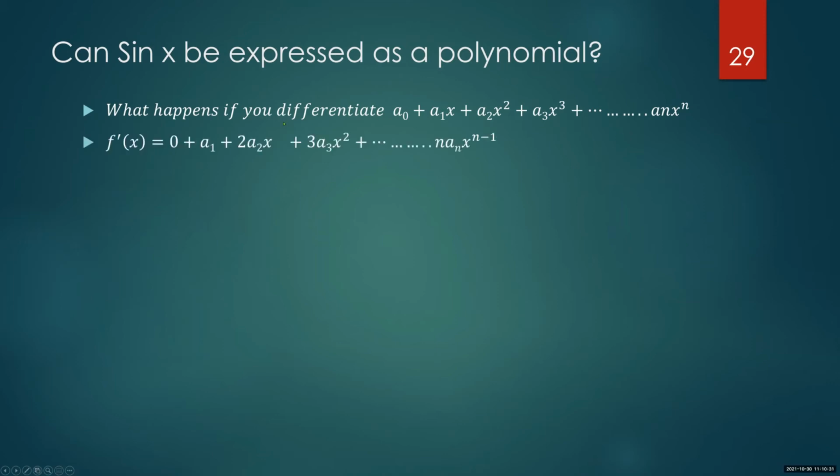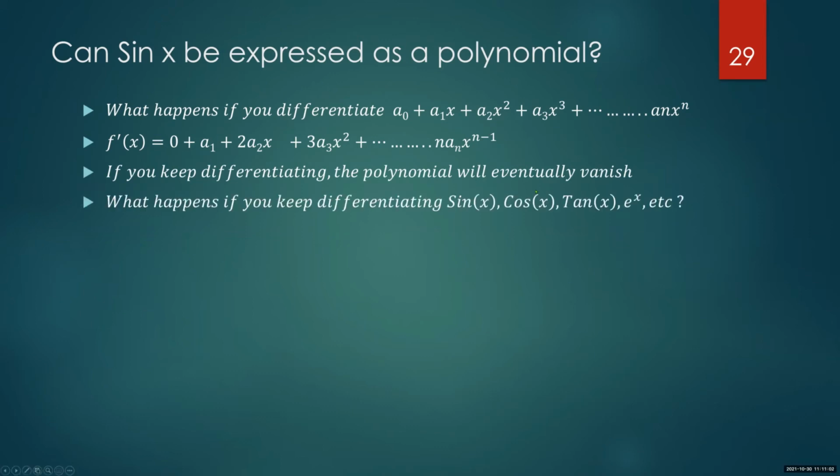If you differentiate it, the constant becomes 0, a1x becomes a1, a2x squared becomes 2a2x, and so on. So we've started off with a polynomial of degree n, where the highest power of x is n. When we differentiate it, we get a polynomial of degree n minus 1. And if we keep on differentiating, the polynomial will eventually vanish.